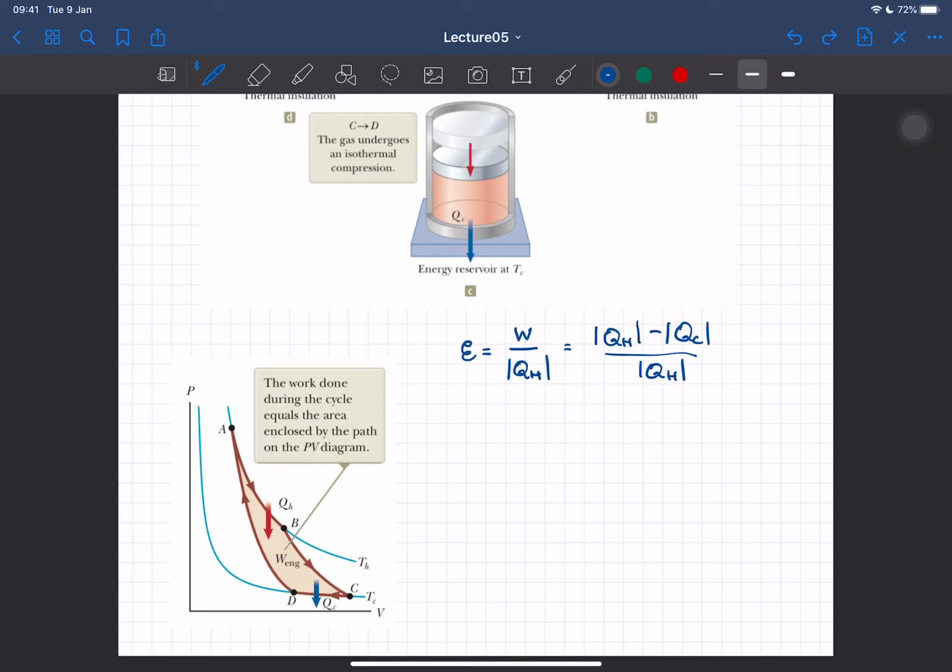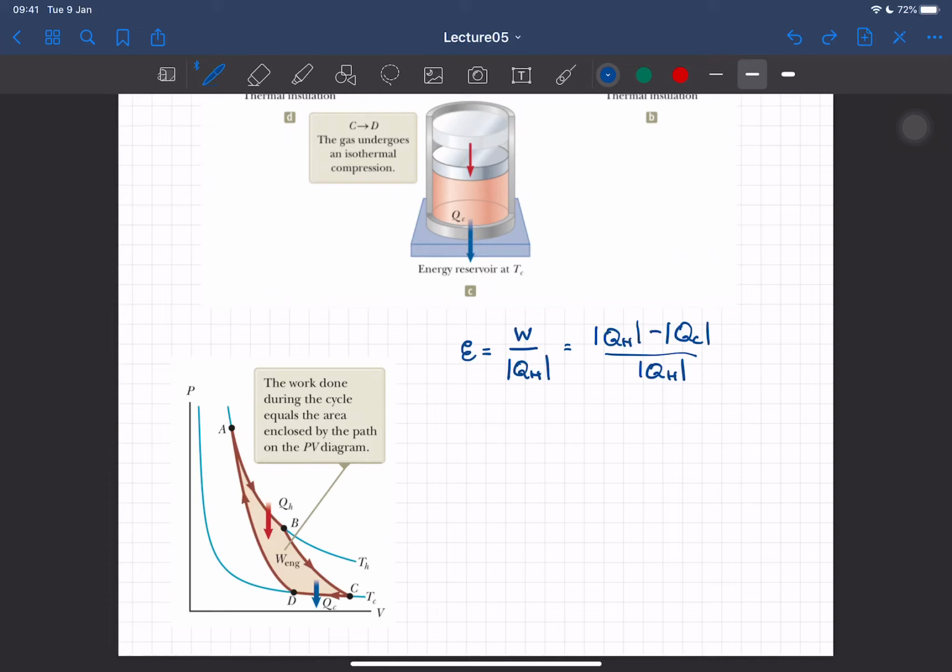Okay, but Carnot engine has one more step that we can say. And again, I don't have time to do a proof of this, and this can be found in the textbook. So I'm gonna write down the result.